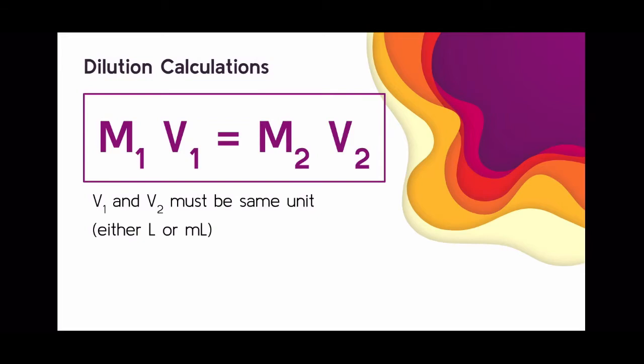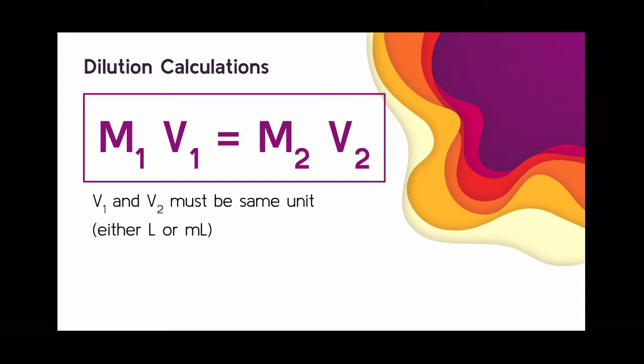Molarity has a very specific unit, and it has to be moles per liter. But the volumes, V1 and V2, can change as long as they are in the same unit. So if V1 is in liters, V2 has to be in liters. But if V1 is in milliliters, V2 must be in milliliters.